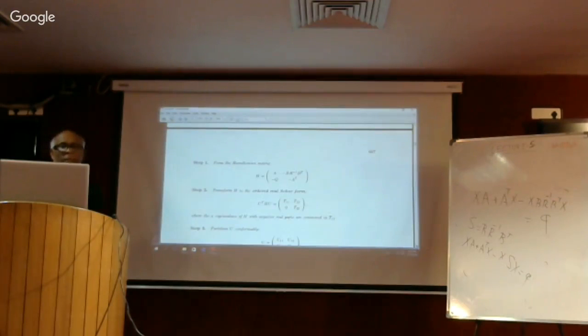Then you transform this H to the ordered real Schur form. You order the eigenvalues in such a way that the eigenvalues of H with negative real parts are all contained in the first diagonal block.